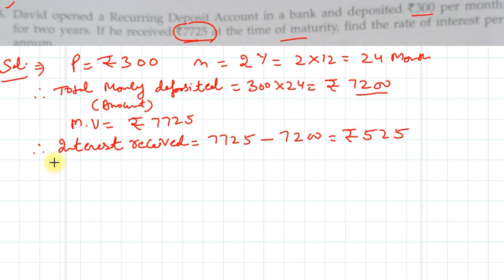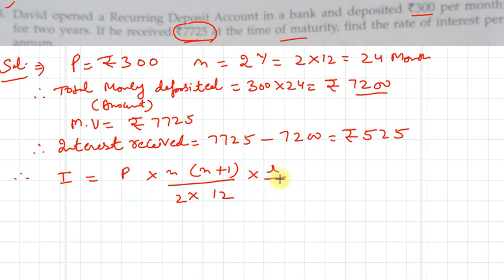So now this has become simple. Therefore I equal to P into n plus 1 upon 2 into 12 into r upon 100.